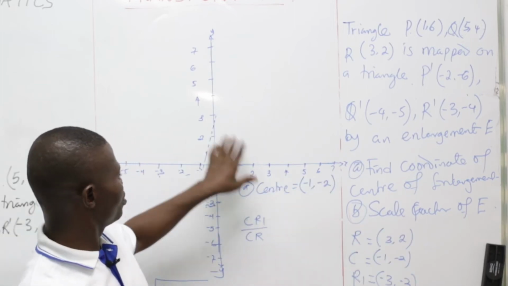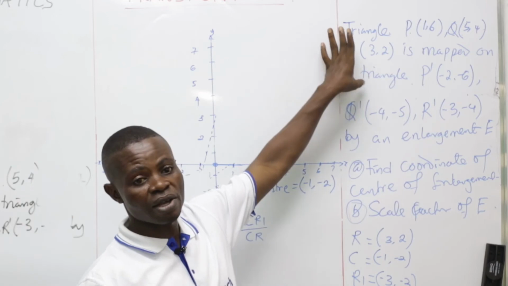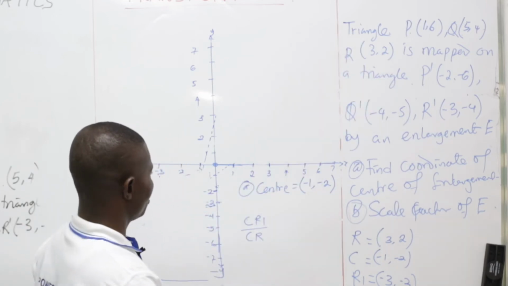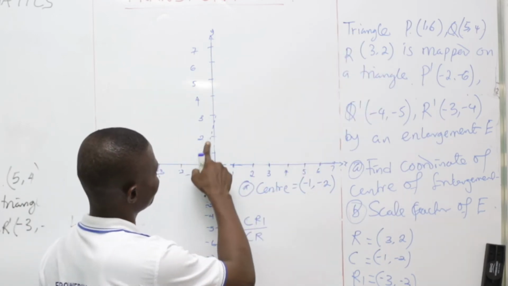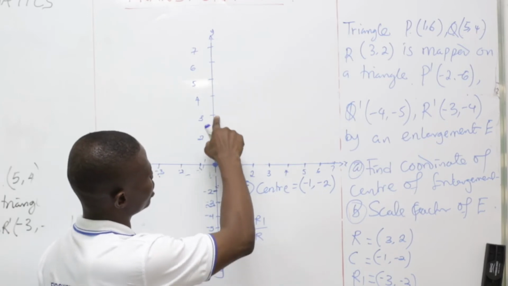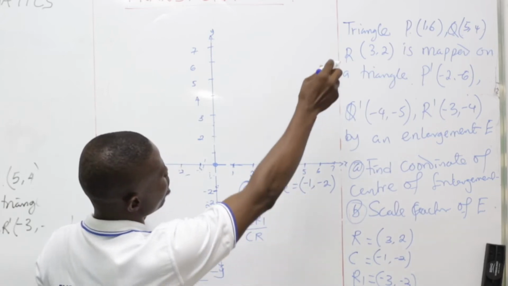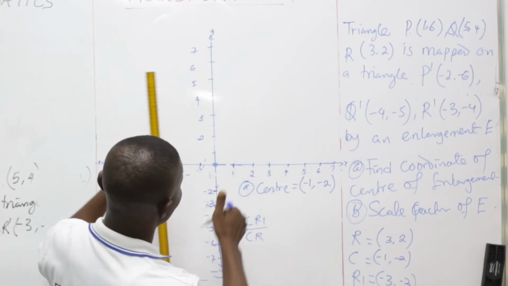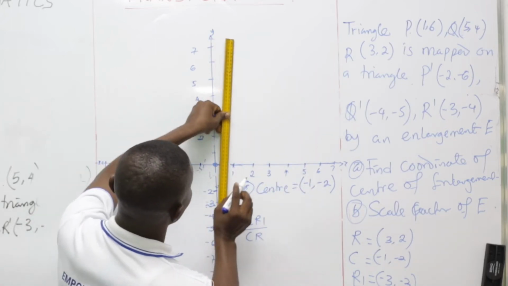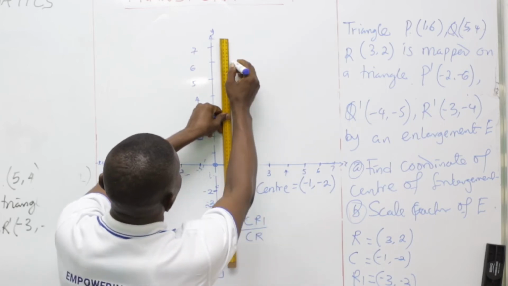Let us do the plotting. Plotting the object first, we have 1, 6, 1 against 6. That is here.